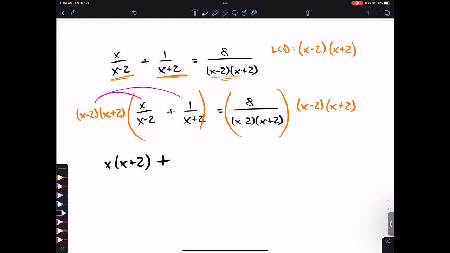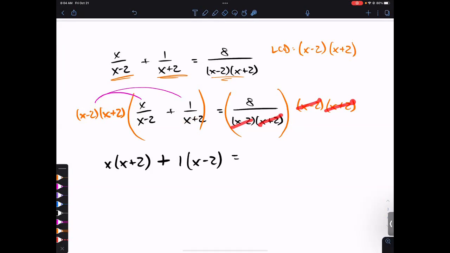Plus, okay, then do the same thing here. X minus 2 times x plus 2 times 1 over x plus 2. Those cancel. And you're left with 1 times x minus 2. Then on the right-hand side, x minus 2 cancels.